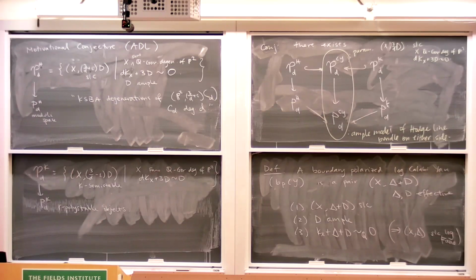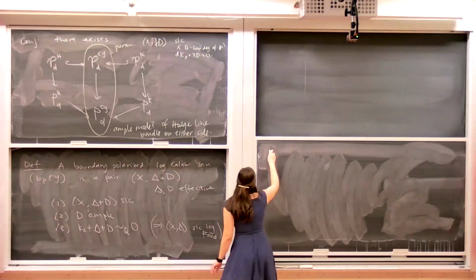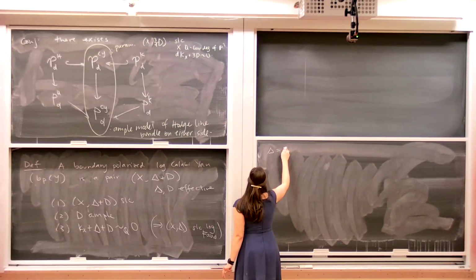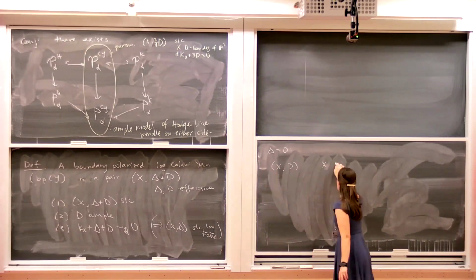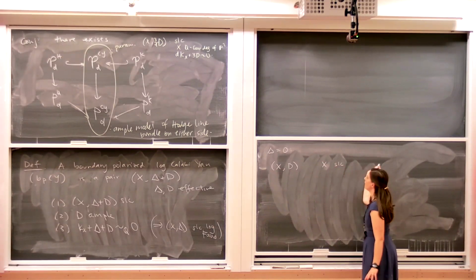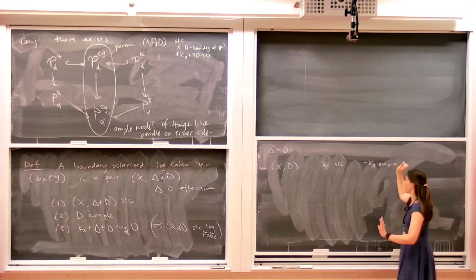And what I would like to point out, before I tell you the construction of the moduli space, is the setting where Δ equals 0. We're looking at pairs (X, D), where X is some SLC variety where minus K_X is ample. For me, Fano just means minus K_X is ample right now.